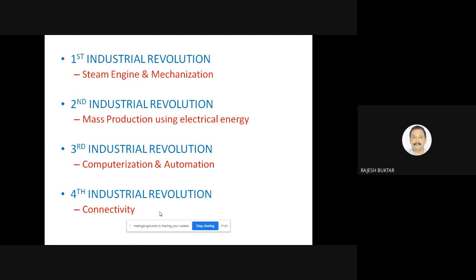So now man can speak with machine, machine can speak with man, and therefore the whole paradigm shift has occurred, and the ways in which we were working, the whole ways and means of working has changed, the whole ways and means of thinking has changed. So change is there. So what is permanent in life? Change is permanent. Therefore, with this change, we have to also accept the fourth industrial revolution.